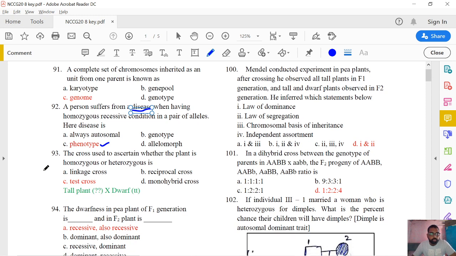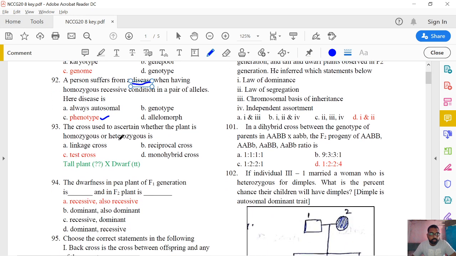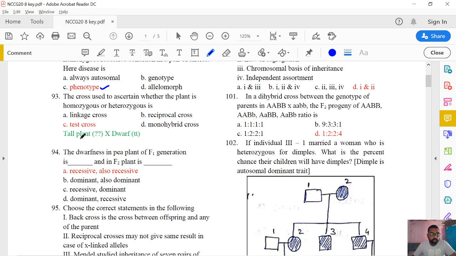The cross used to ascertain whether the plant is homozygous or heterozygous is... To find out the genotype of the plant, you can perform the test cross. Basically this is how the cross will be. Here, when I take a tall plant, for example, it can be homozygous dominant or it can be heterozygous. We don't know when the tall plant is given.